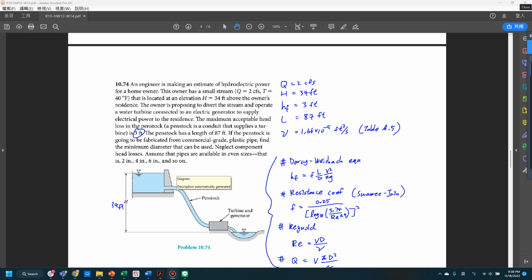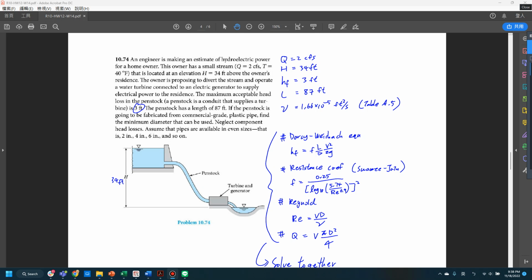In this problem, you will encounter several unknowns altogether, so we need to collect different equations and solve them simultaneously. The first equation that we can write down is the friction head loss equation, which is this Darcy-Weisbach equation here. The second equation we can use is the resistance coefficient, which is equal to this, which I have already written on the screen.